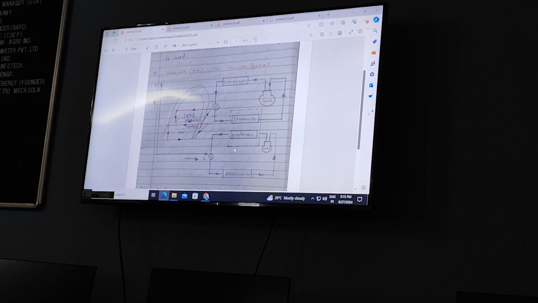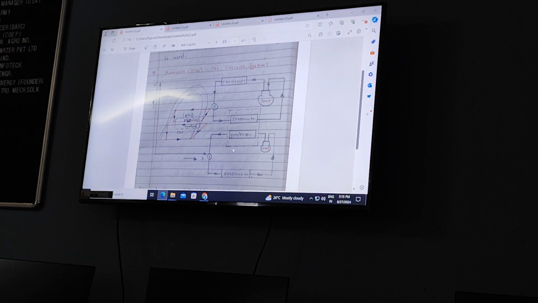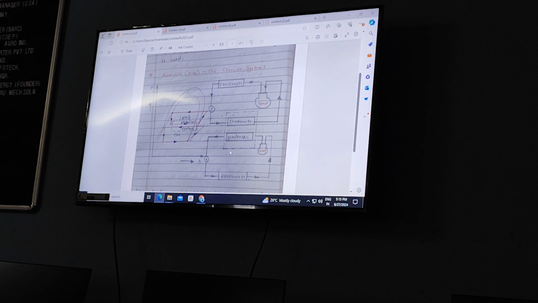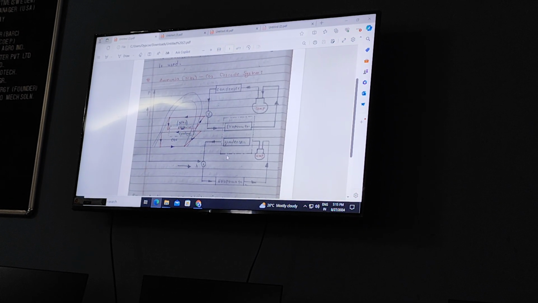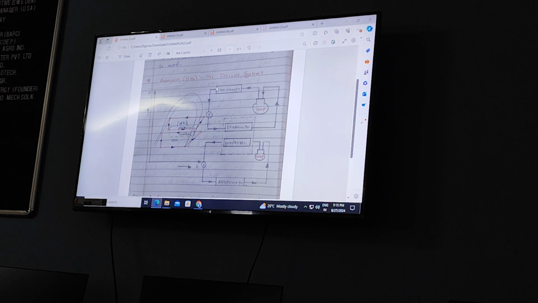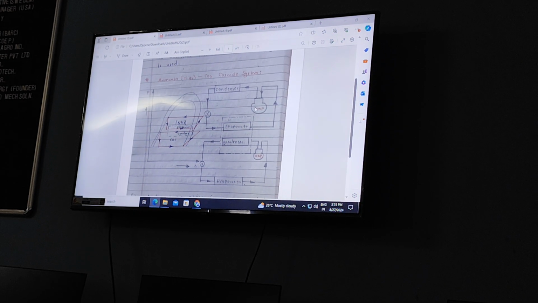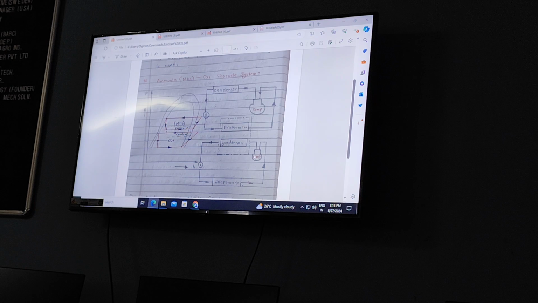NH3 has very good thermodynamic properties on the higher pressure side. That's why we use ammonia on the higher pressure side and CO2 on the lower temperature side.